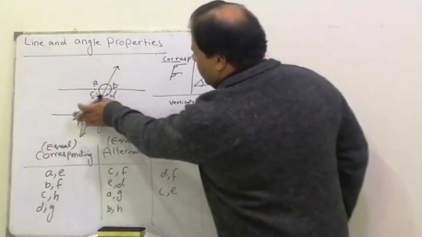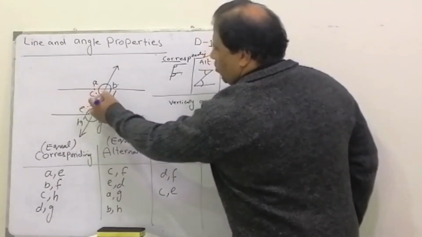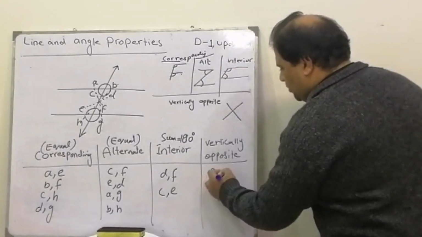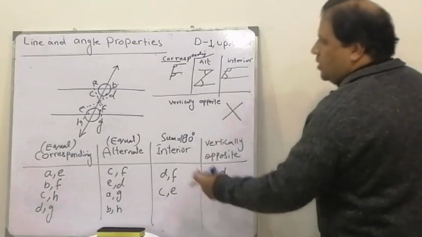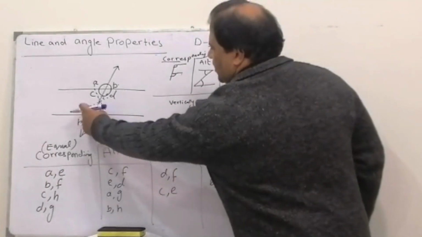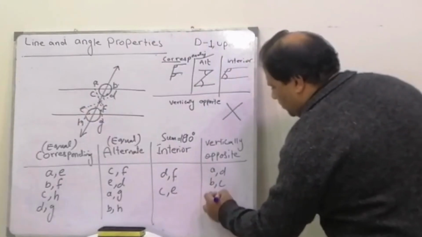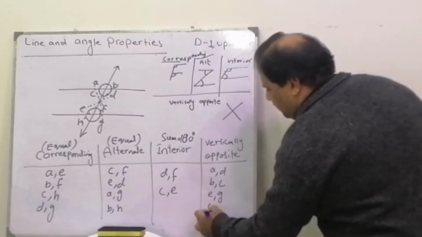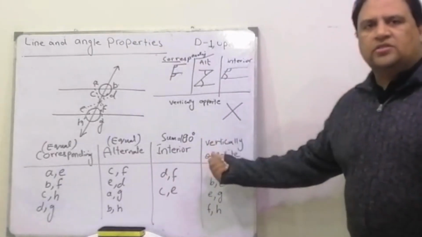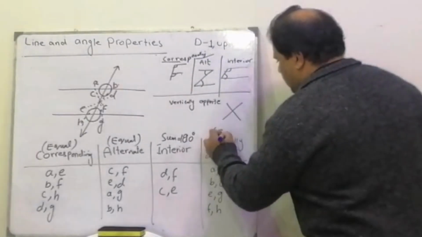For example, if we consider this upper cross, then A is opposite to D and B is opposite to C. Similarly, at the lower intersection, E is opposite to G and F is opposite to H. So when we say that two angles are vertically opposite, it means that these angles are equal.